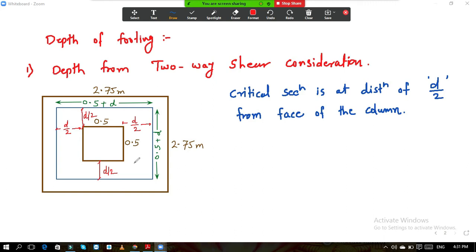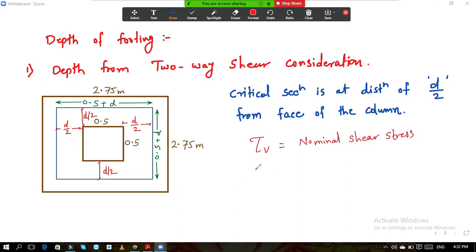So to brush up the things, I will write here: tau v is the nominal shear stress.